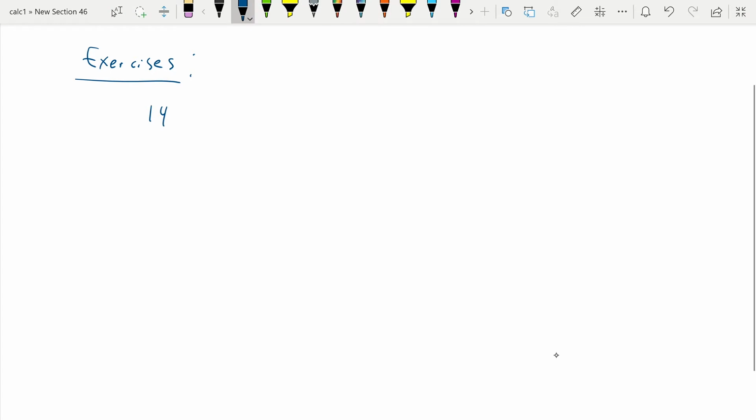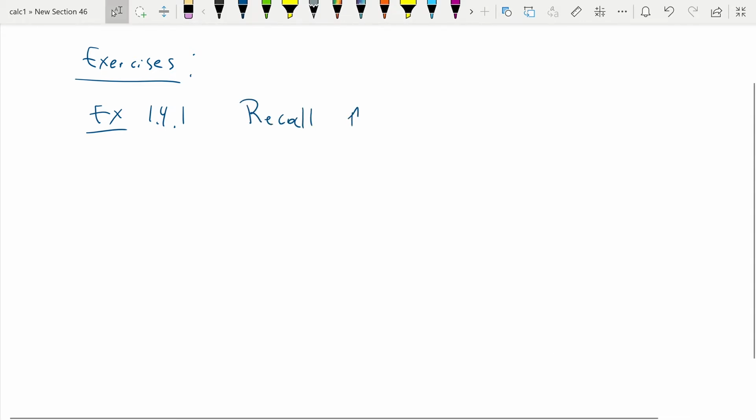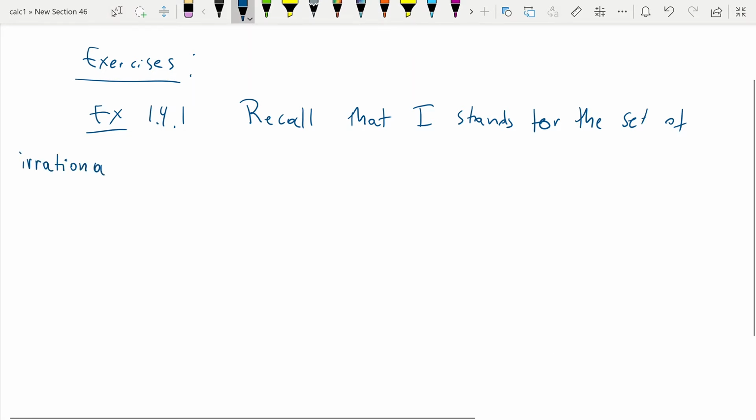Starting with exercise 1.4.1. We're now covering exercises from the book. What does it say? It asks you to recall that I stands for the set of irrational numbers.